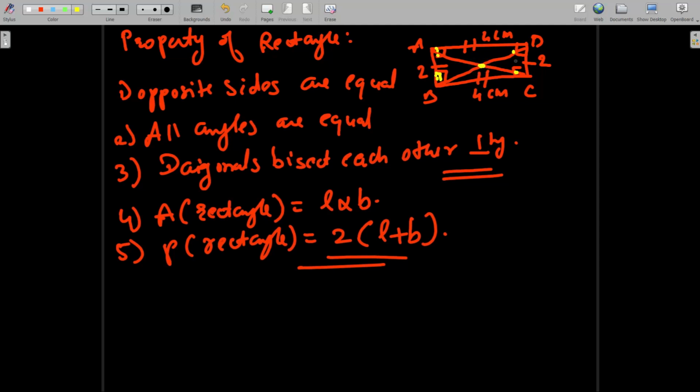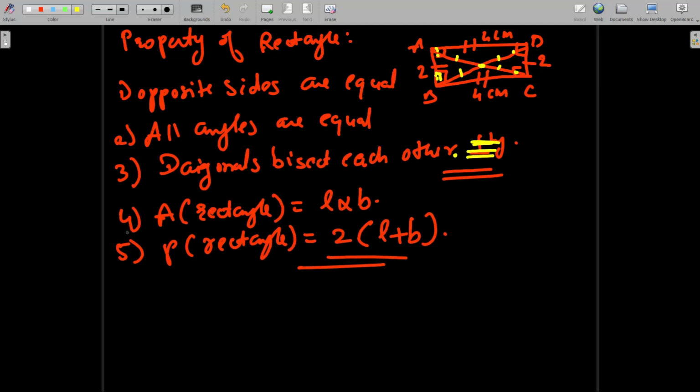So this is the property of rectangle related to diagonal: the diagonals bisect each other, not perpendicularly. Perpendicularly is for square, not for rectangle. Okay, please take a note of it.